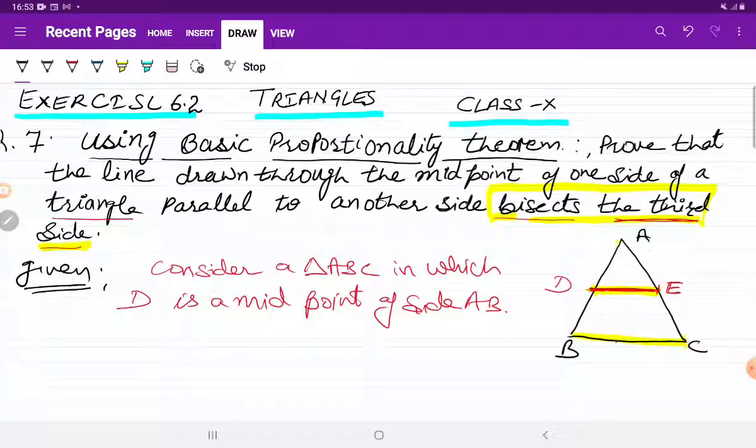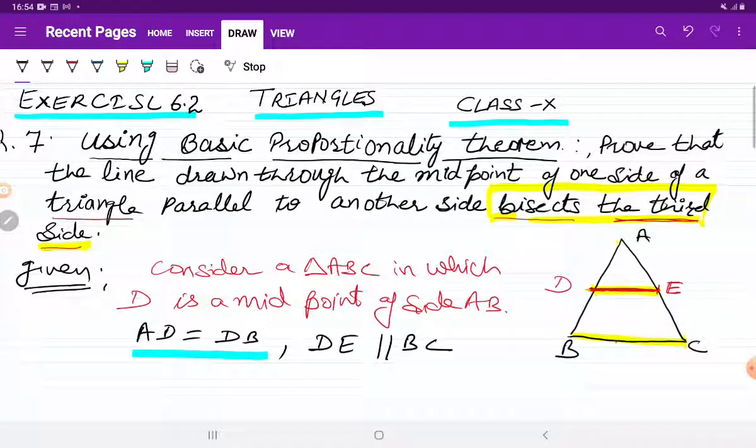Now if D is a midpoint, then what is given again? AD is equal to DB. Okay, this is your given. AD is equal to DB. This will be used in our solution. And one more thing is given, that is line DE is parallel to BC. These two results we are going to use, and by using these two results we'll solve our question.